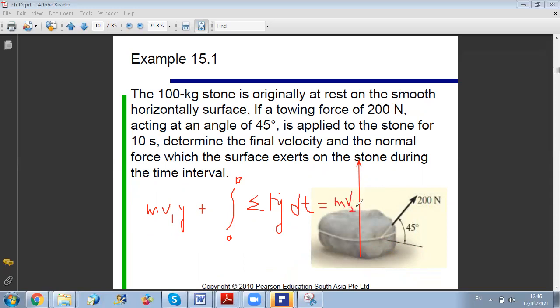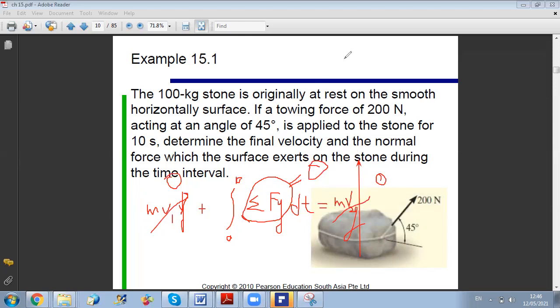Okay, so first it's starting from rest, so v1y is 0, and it's not moving along y, it's only moving along x, so also v2y is 0. So we can see here that this is equivalent to sum of Fy equals 0. Since no motion, the impulse and momentum reduces to sum of forces equals 0.